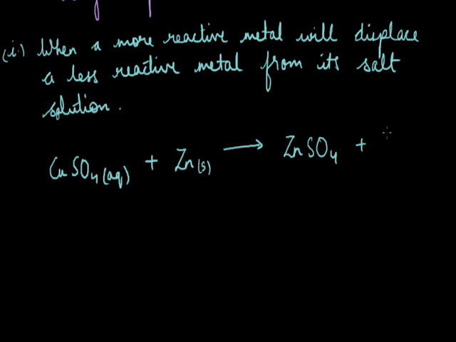And there is some deposition of a reddish brown substance, that is copper, which is getting deposited. The colorless solution is due to the formation of zinc sulfate. Here we see copper is lesser reactive than zinc, and so it is displaced from its salt solution.